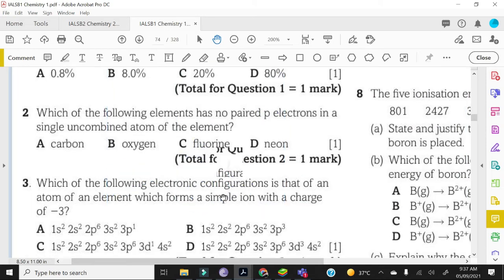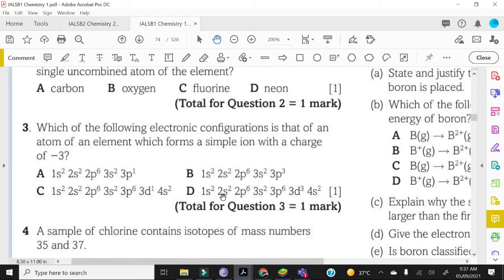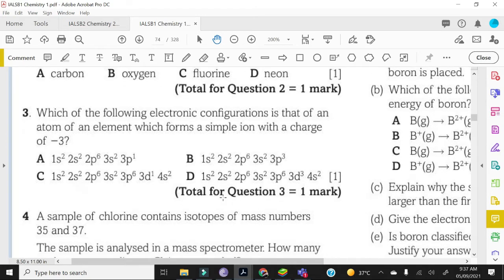Let's move on to question 3. Which of the following electronic configuration is that of an atom of an element which forms a simple ion with a charge of -3? A charge of -3, keep this in your mind. A simple ion. Which of the following electronic configuration? Let me repeat it once again. Which of the following electronic configuration?